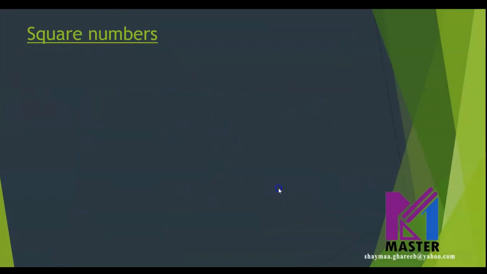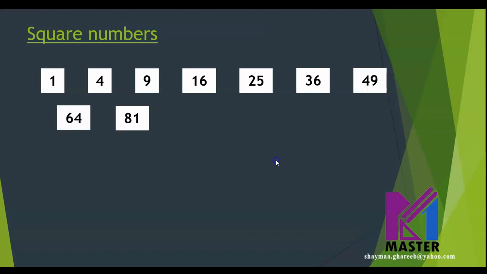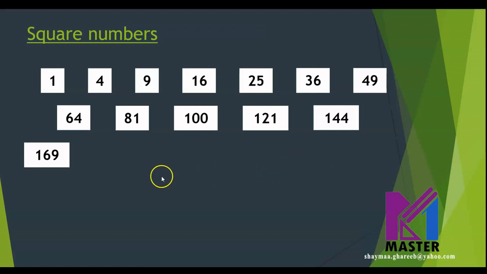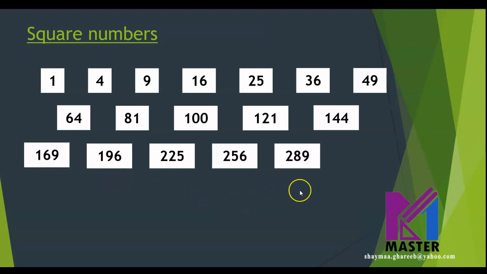So now, can you list some square numbers? Let's remember the square numbers together. 1, then 4, then 9, then 16, 25, 36, 49, 64, 81, 100, 121, 144, 169, 196, 225, 256, 289, and 324.